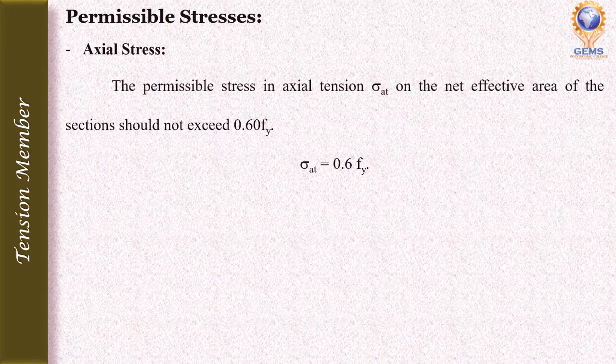Next is the permissible stresses. The permissible stress in axial tension on the net effective area of the section should not exceed 0.60 Fy, where Fy is the yield stress of steel in megapascal.